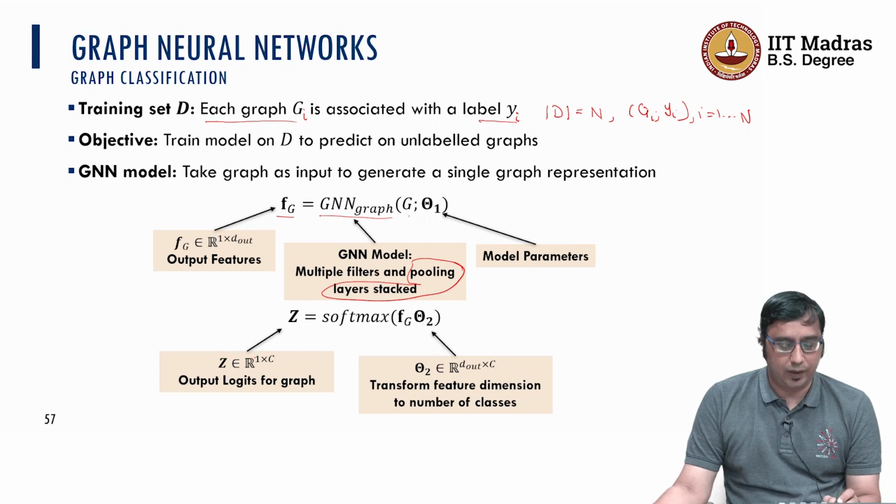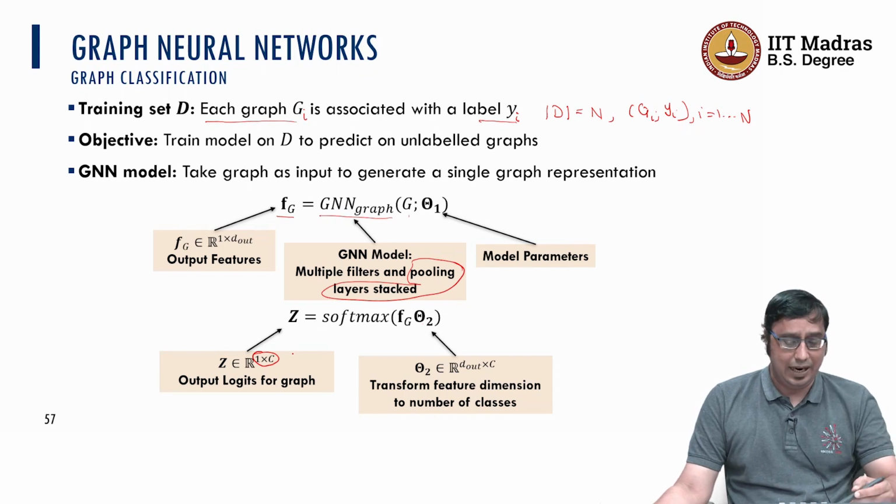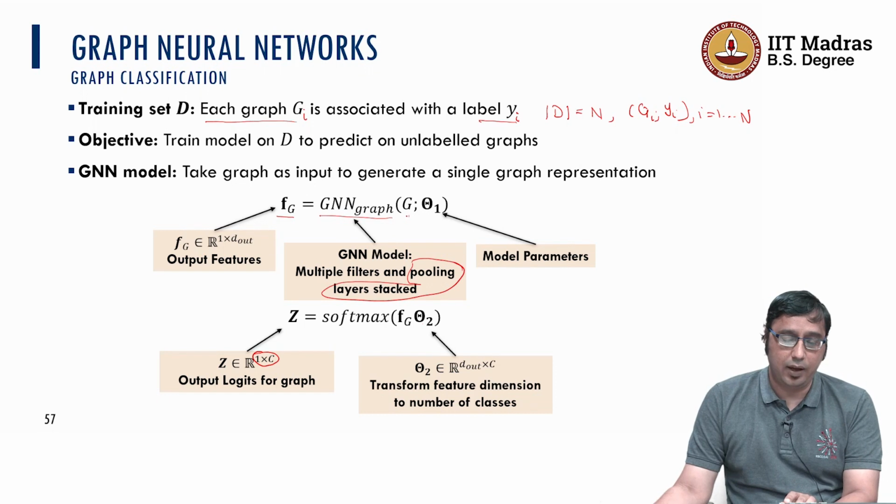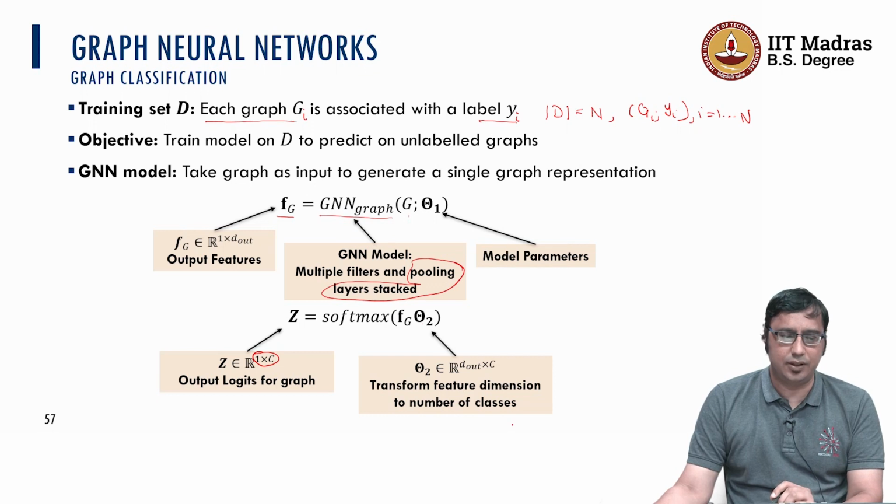Unlike node classification, here for each graph we have a vector 1 cross C. If you recall, for each node we had it; here for each graph we have it, and since our input is each graph in dataset D, the Z will be a vector of probability distribution over different classes depending on the problem. It can be binary, it can be a multiple classification problem. Once we have this Z, we can predict the class associated with G.